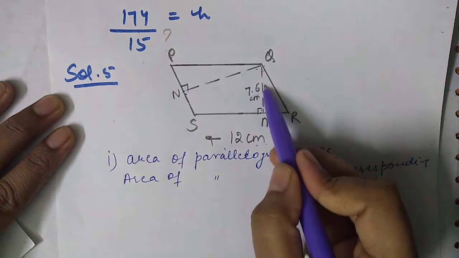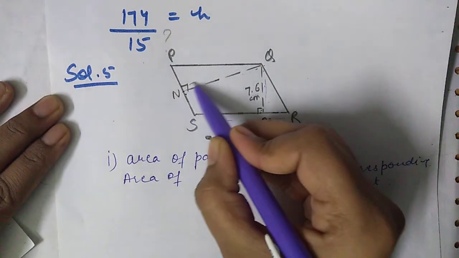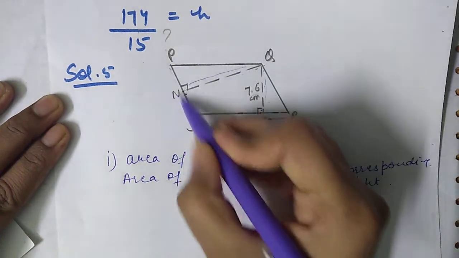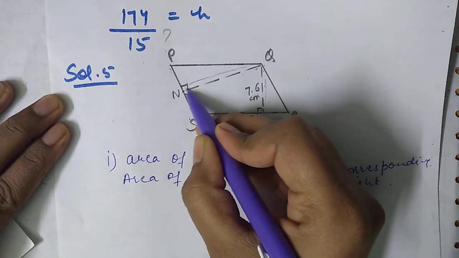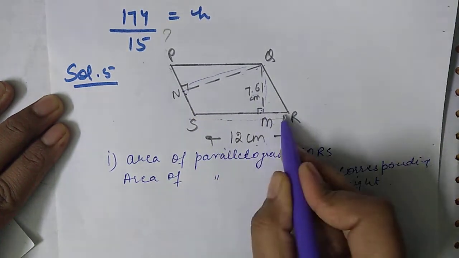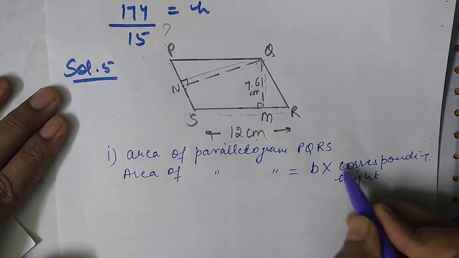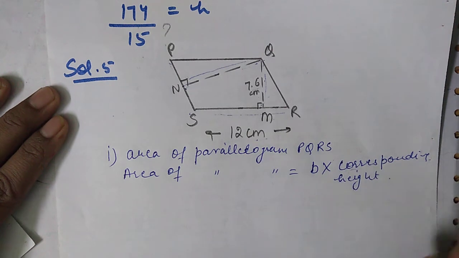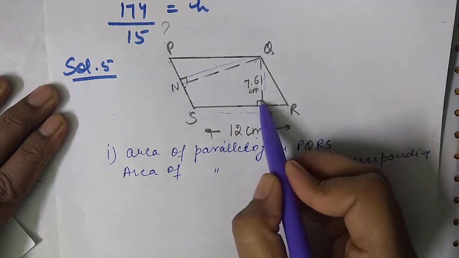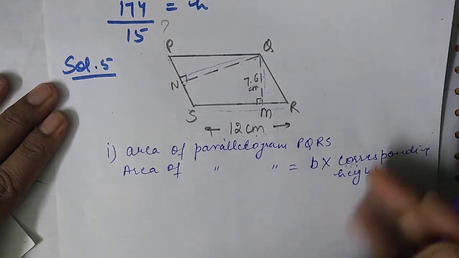If you take this as height, this will be the base, and if you take this as the height, you have to take this as the base, because on this side it is 90 degree. That is why we call it the corresponding height. We have to take the perpendicular which is dropped on that base.